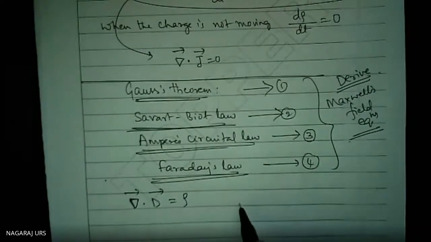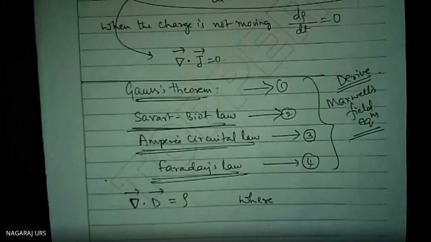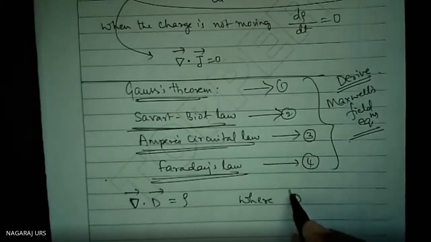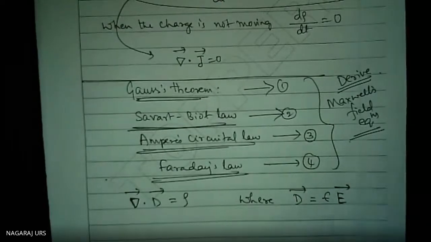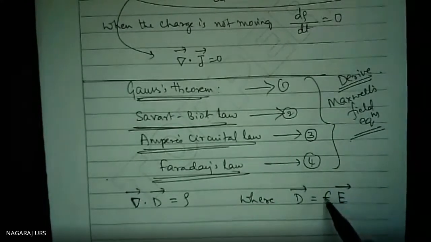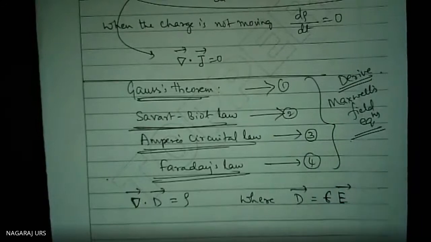What is D? D is equal to epsilon into E. You know about E, the electric field, electric flux or field lines. Epsilon is the permittivity. Epsilon is equal to epsilon naught into epsilon r.